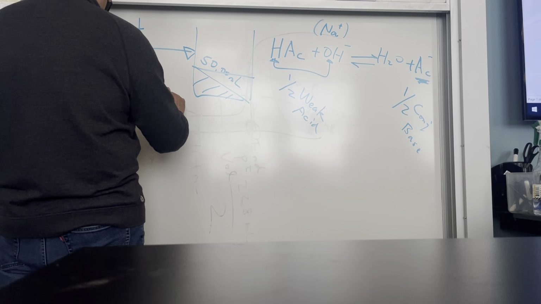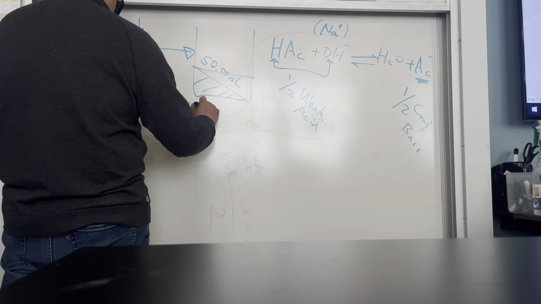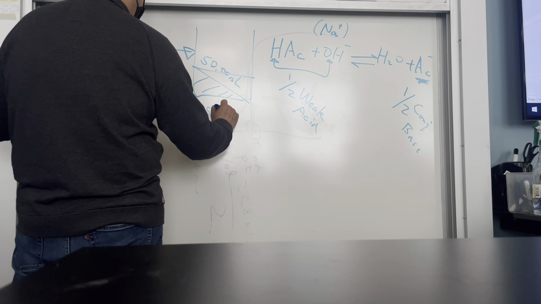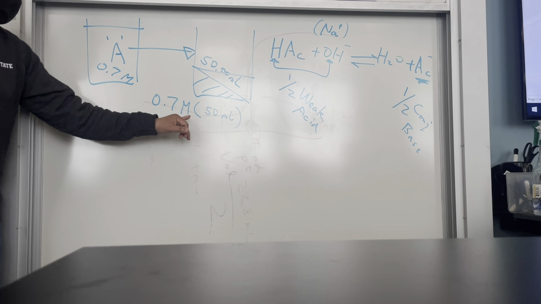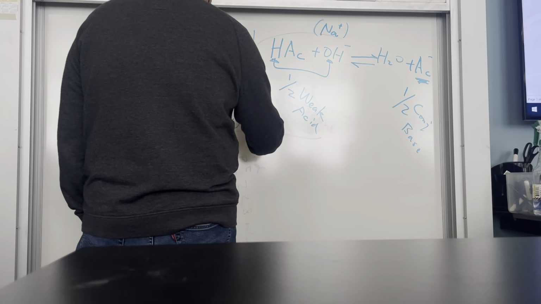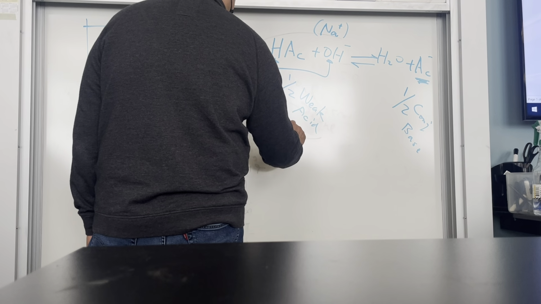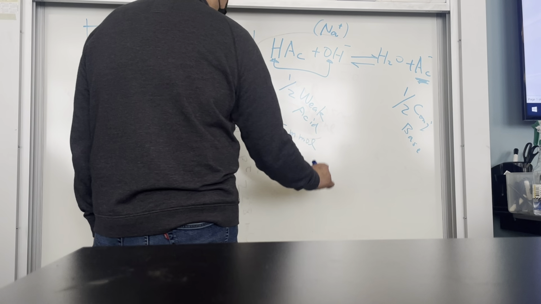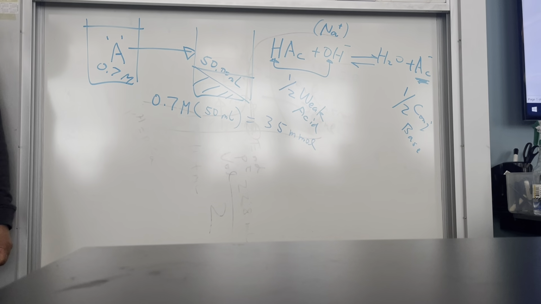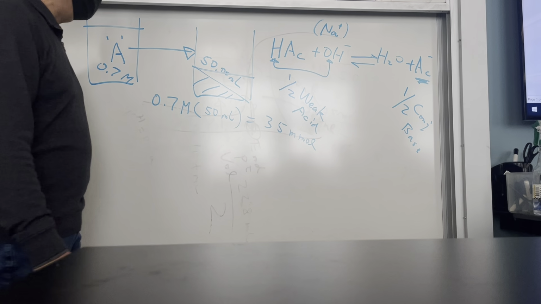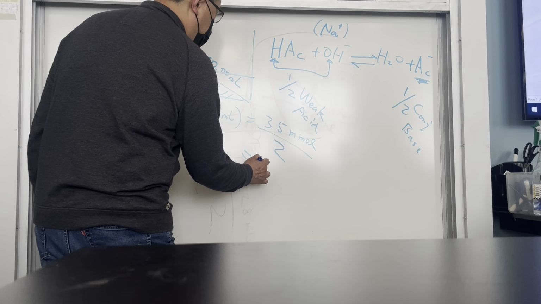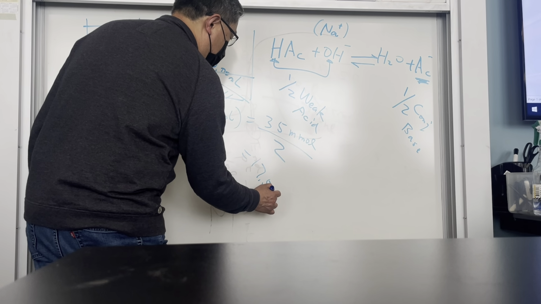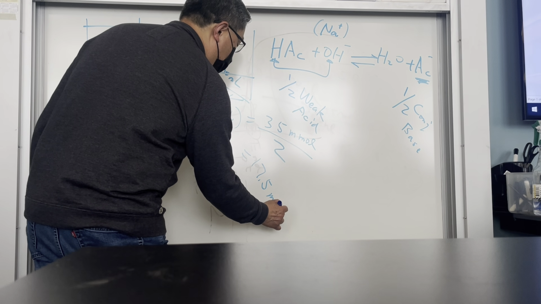So we have 0.7 molar and 15 mL. Volume times concentration gives the mole, so we get 35 millimole. We want to divide that by half, that is 17.5 millimole.